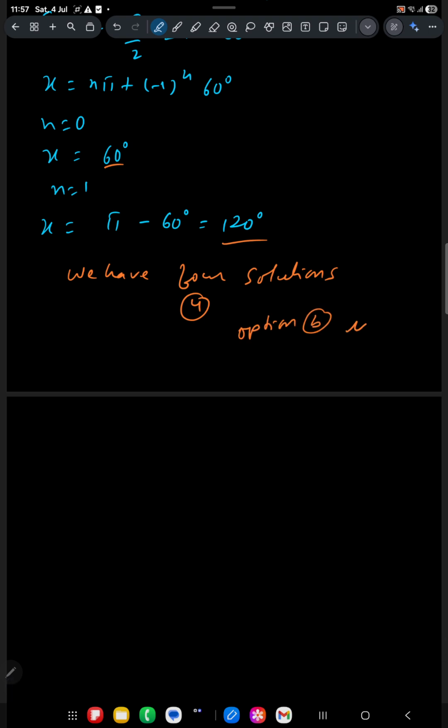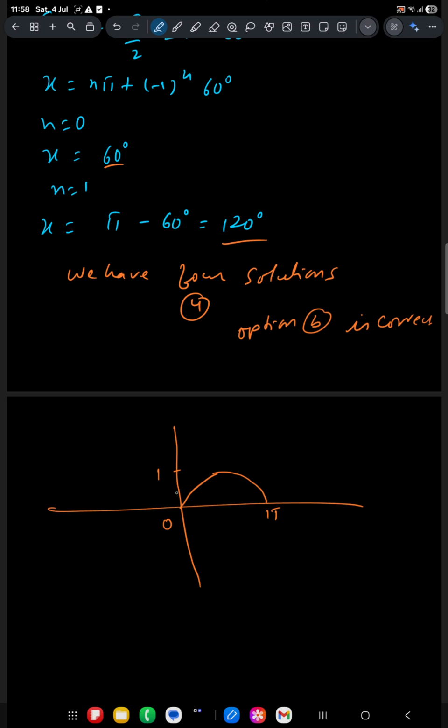Also, if you draw the graph of sine, sine 0 is 0 and at 90 degree it is 1, then it comes down to 0 at pi. We have to find solutions in 0 to pi. In the first case sin x was half, so half will be somewhere here, and if you draw a line it will go like this. The other was sin x equal to root 3 by 2.